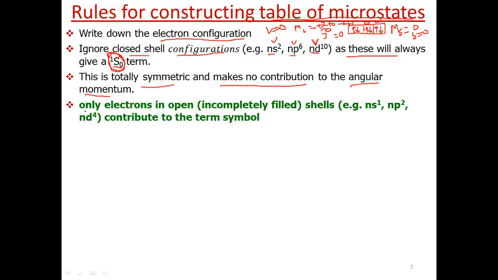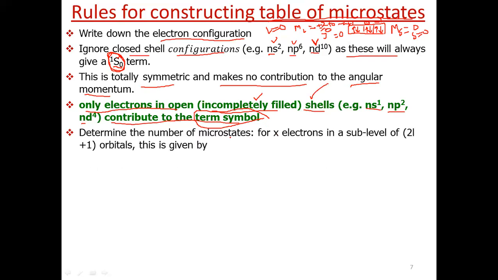This is important. Only electrons in open, or incompletely filled, shells like ns1 and np2 contribute to the term symbol. So term symbols are used for the incompletely filled shell, most probably the outer shell that is unfilled.